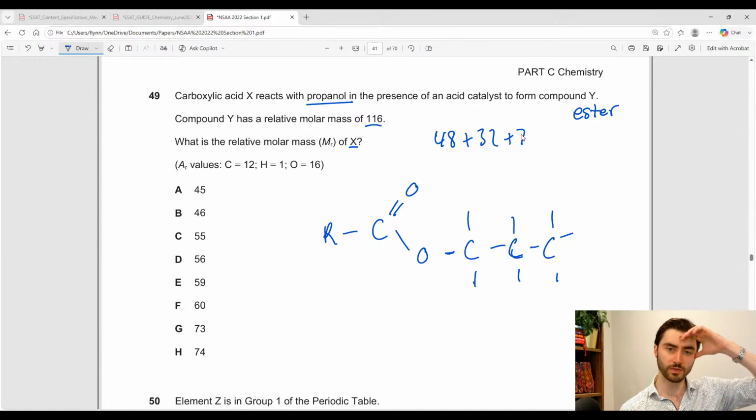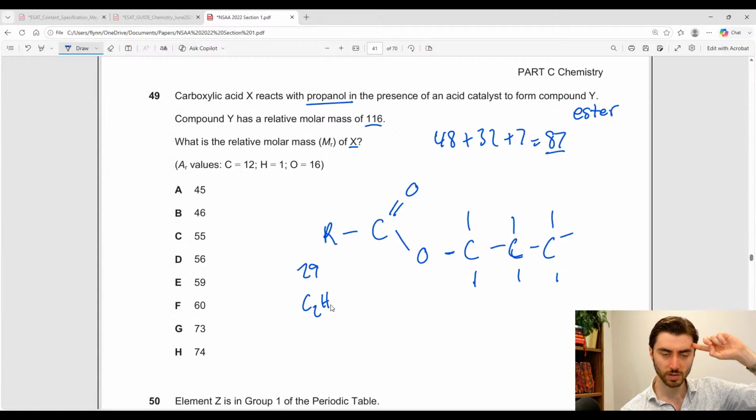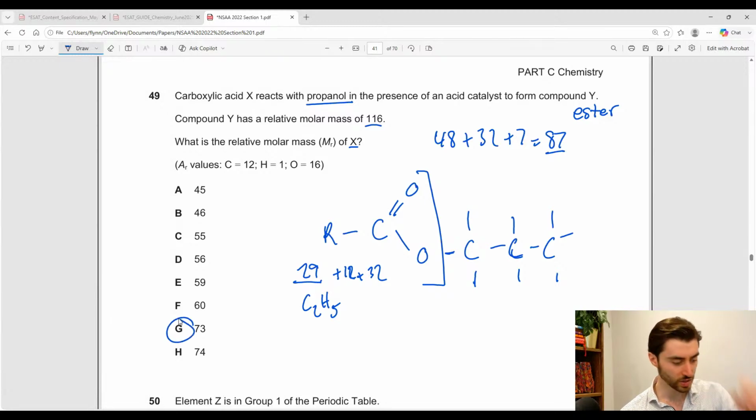So that makes 55, which is 87 locked in. So this R group must have a value of 29. That could be C2H5. So X is propanol, which is 29 plus 12 plus 32. So that is 44, 73, G, done.